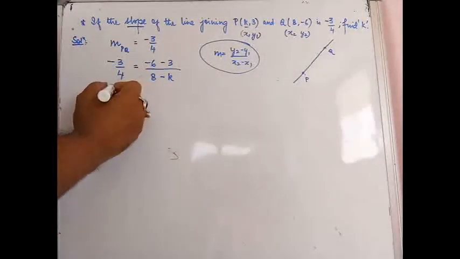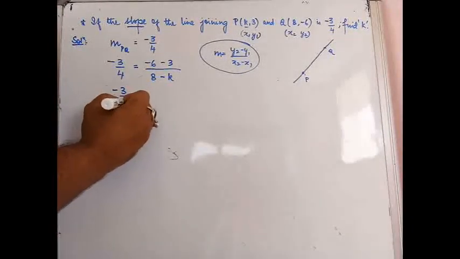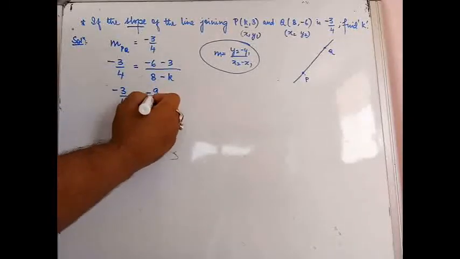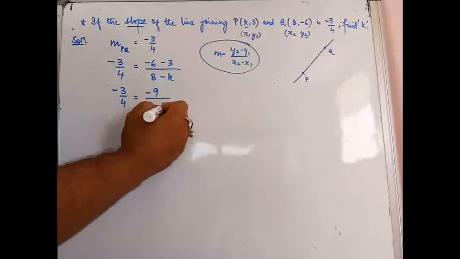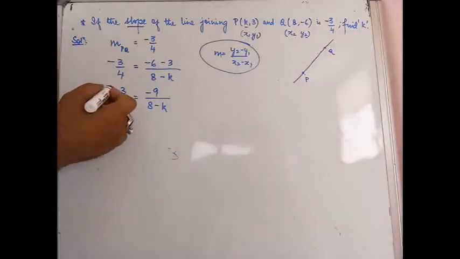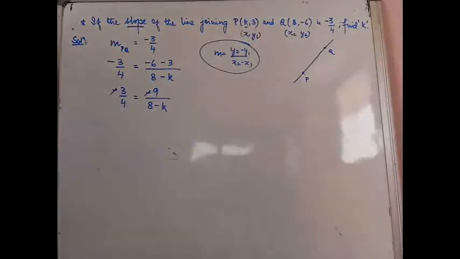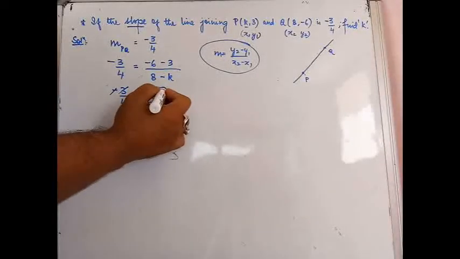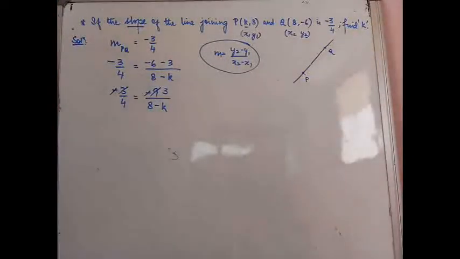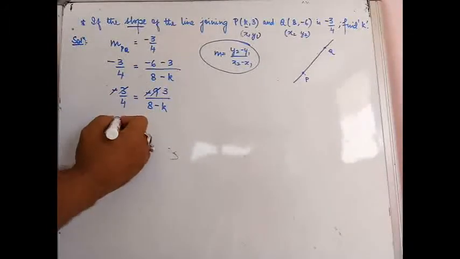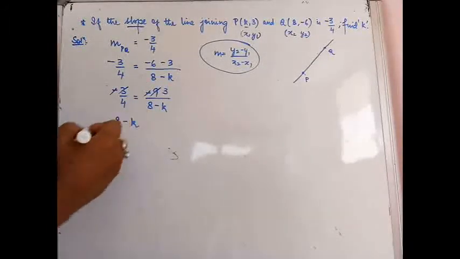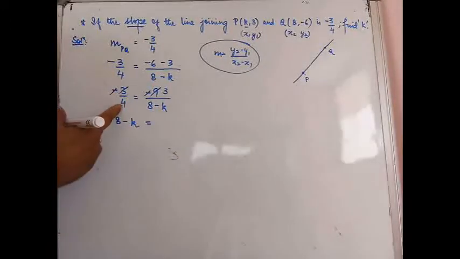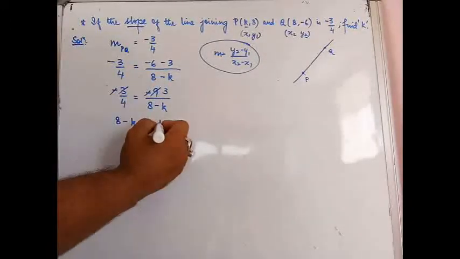So what will we do in the next step? Minus 3 by 4 equal to minus 6 and minus 3 will make it minus 9 upon 8 minus k. This minus and this minus can get cancelled straightforward, and this 3 and 9 will go, you will get a 3 here. Cross multiply, you will have 8 minus k coming to this side equal to this 4 will come here and multiply with 3.